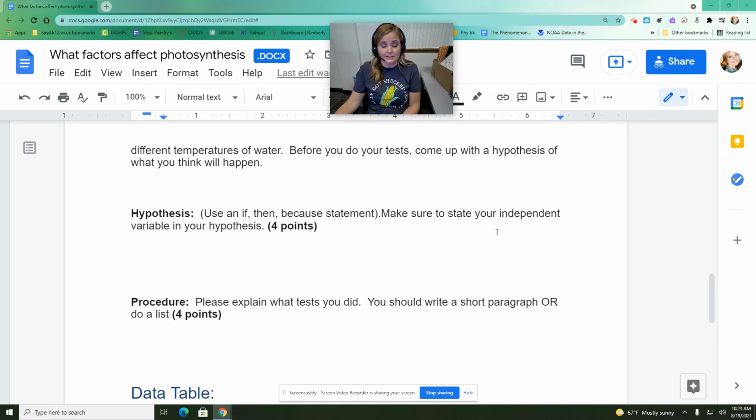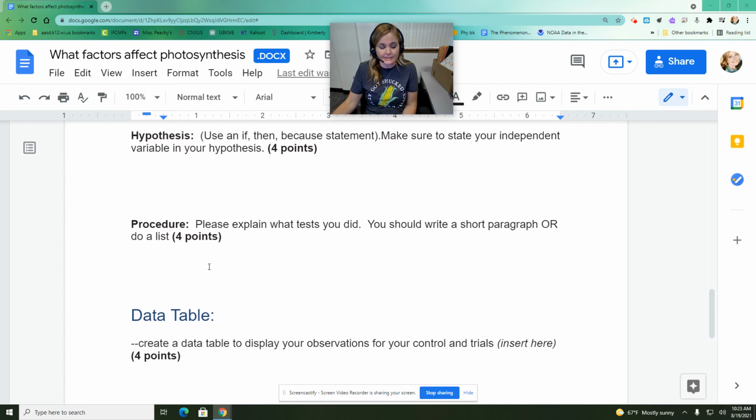So if I change the type of the leaf, then I think that this leaf will have more oxygen because more oxygen bubbles, and this is why I think that. And the because is a little loose in this situation because you're not going to have a ton of information. Maybe make some observations about why you might think that would happen. So that's part of what you need to include.